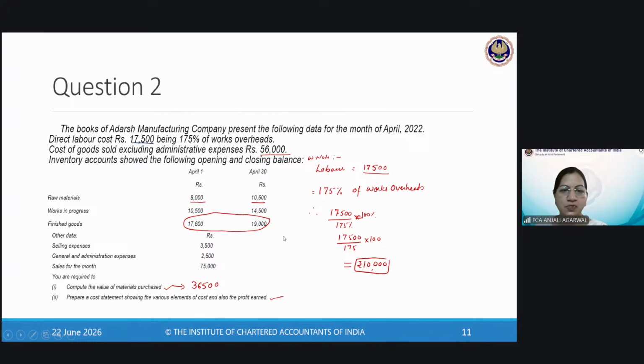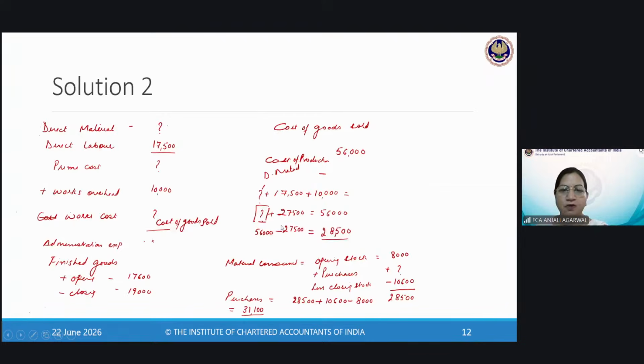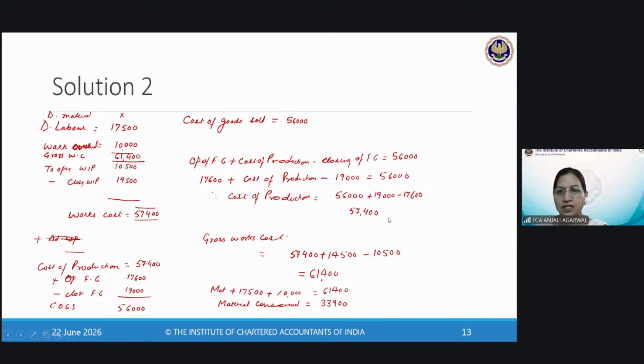out what is produced. As closing stocks are more than opening stocks, production is 1,400 more than cost of goods sold. So 56,000 plus 1,400, 57,400 is your cost of production. Now, once you know the cost of production as 57,400, this comprises direct material, direct labor, works overhead, and adjustment of opening WIP and closing WIP.